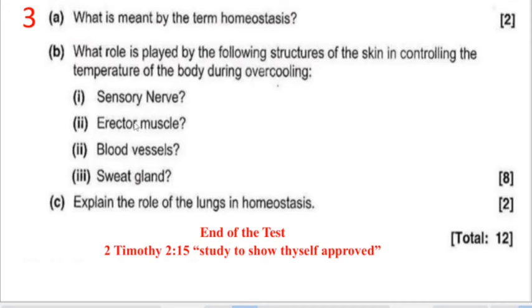So we have sensory nerve, erector muscle, blood vessels, sweat glands. What role do they play? Then the last question, question C, explain the role of the lungs in homeostasis.